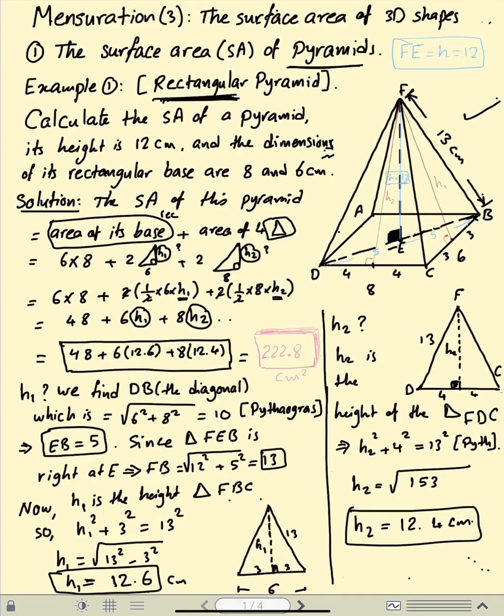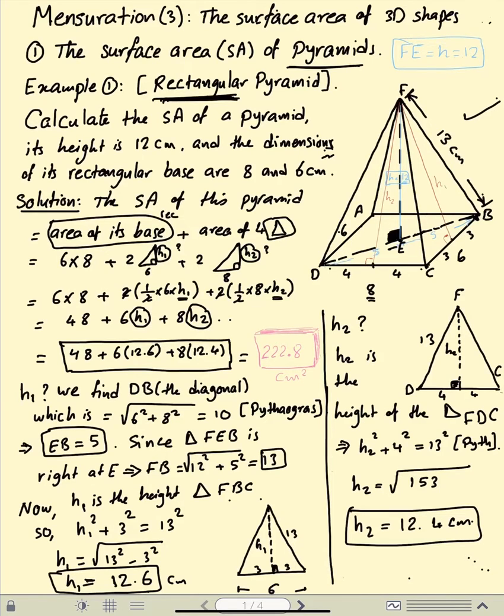If CB is 6, so DA is 6. CD is 8, so AB is 8. So we have 2 pairs of isosceles triangles.